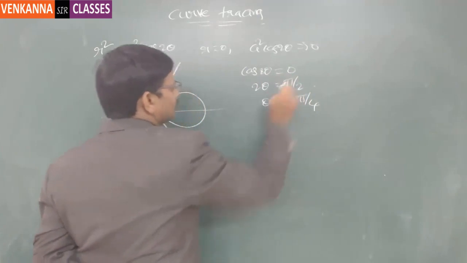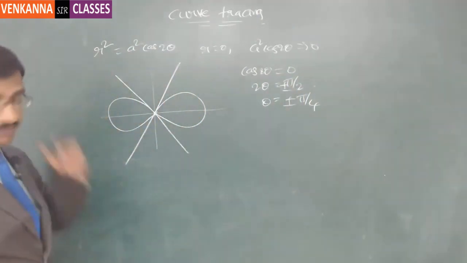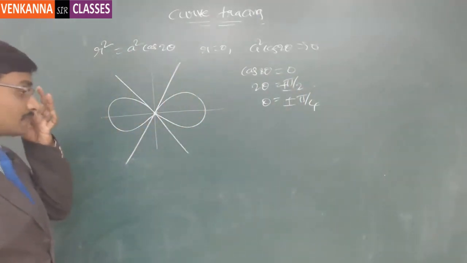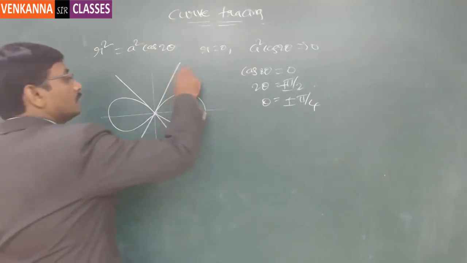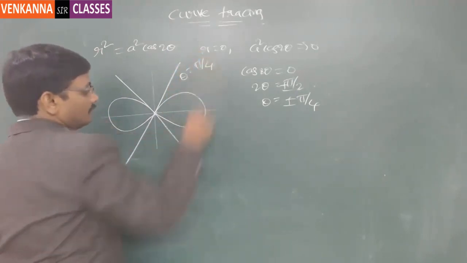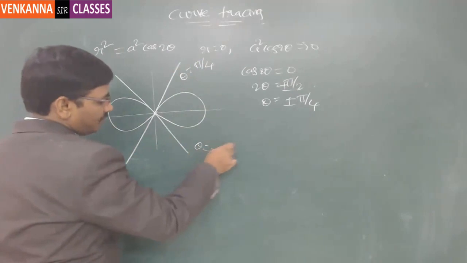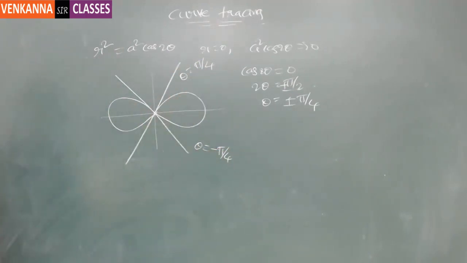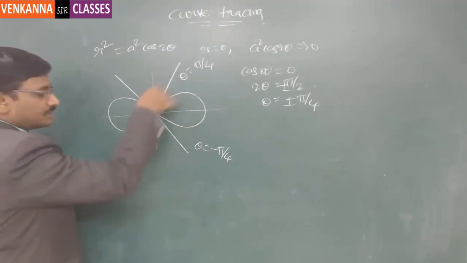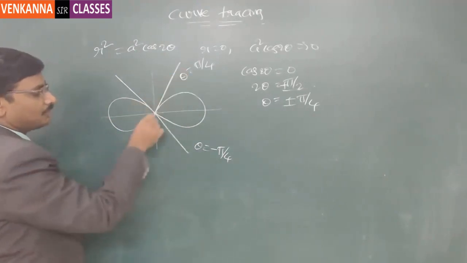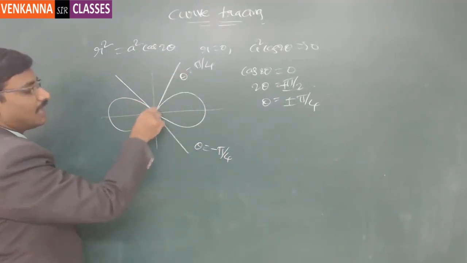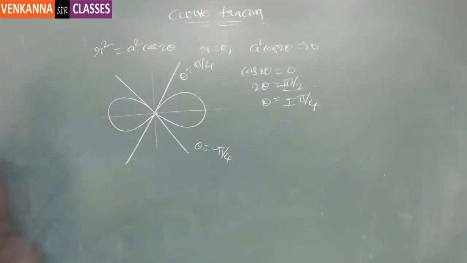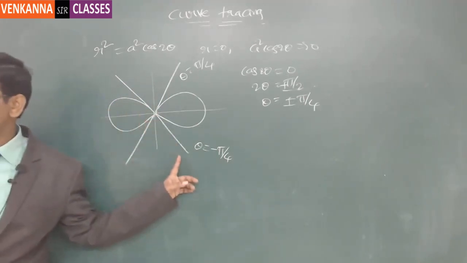Now here, this is theta equal to pi by 4 line, and this is theta equal to minus pi by 4 line. At this point, r value is coming out to be 0. That means if you just draw a straight line like this, theta is equal to pi by 4, this is nothing but the tangent at the origin. Got it? So this is also one more tangent at the origin.